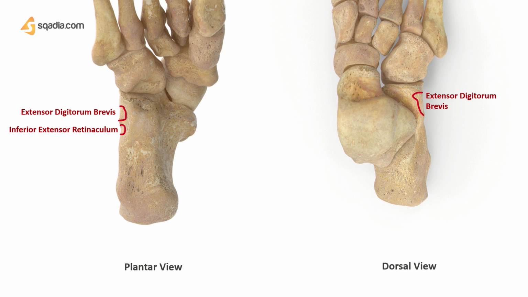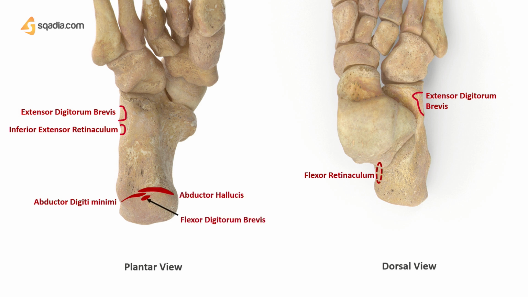If you look at the medial process of the calcaneal tuberosity, there is a prominent medial margin to which the flexor retinaculum is attached. And focusing on the lateral process, abductor digiti minimi is present there. Abductor hallucis and flexor digitorum brevis muscles are also present there.